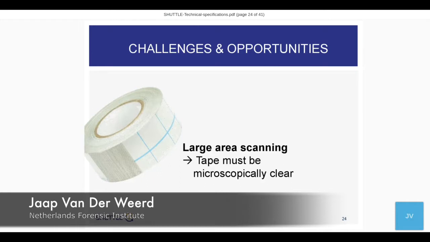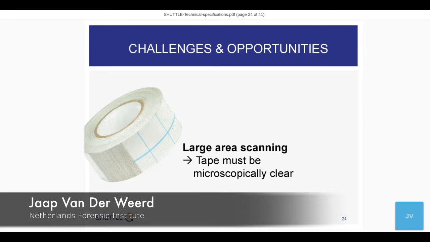But this is not good if you want to go to automation, because then you want to look at everything through high magnification, with very good image quality. So we want tapes that are compatible with high quality, high magnification microscopy. We want a tape that is microscopically clear, and can be adjusted for large areas.